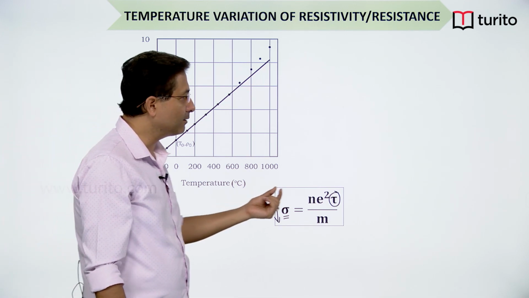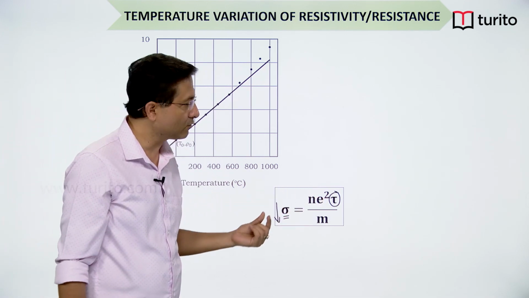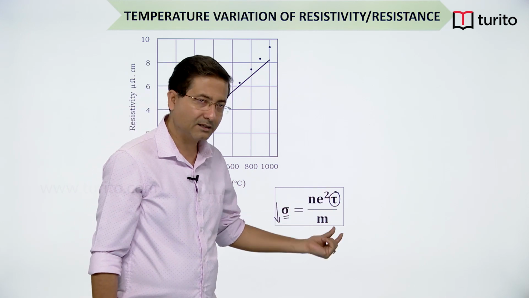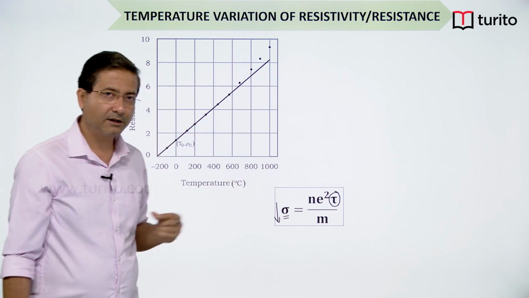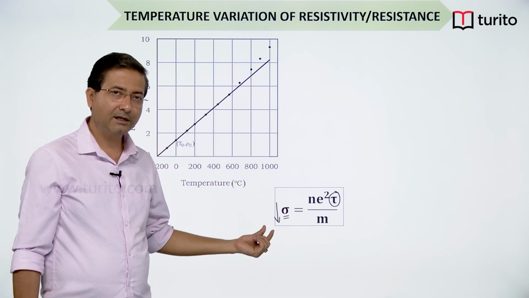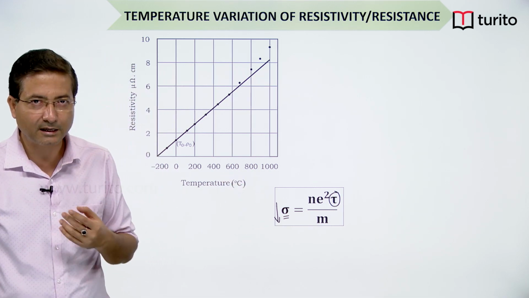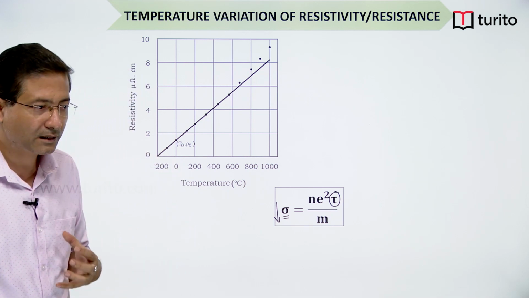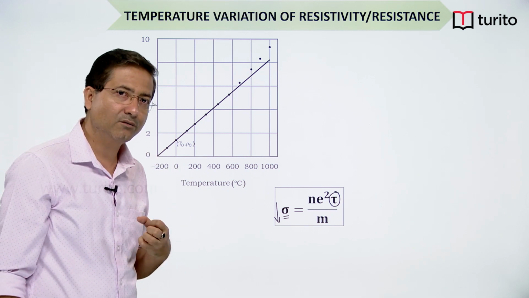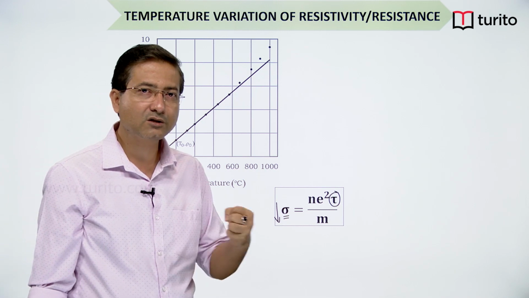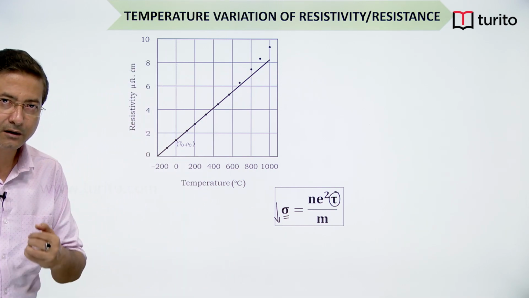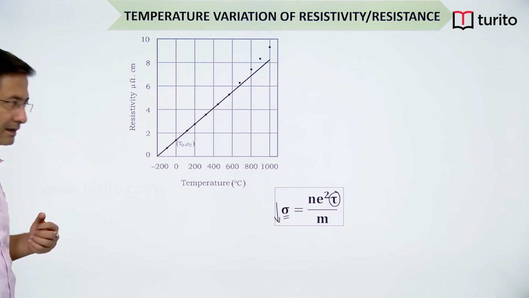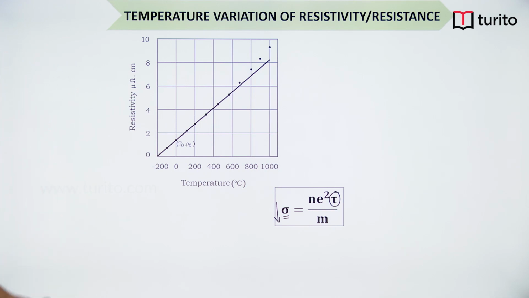Relaxation time is, on an average, the time between two successive collisions. As time becomes lesser, the conductivity will also get reduced. Conductivity getting reduced, resistivity getting increased. So, material at higher temperature will offer more resistance to the flow of current as compared to the material at cooler temperature, right.